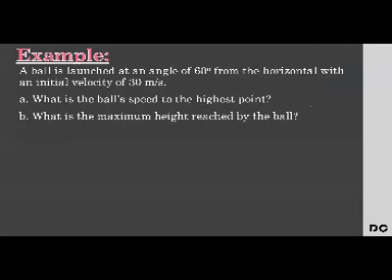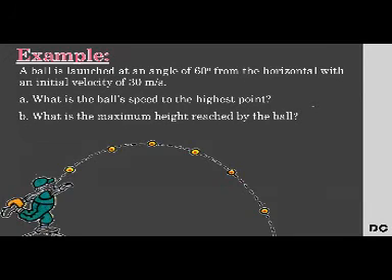To understand it better, we will illustrate the problem. If this is the person throwing a ball at an angle of 60 degrees, so the angle of inclination from the horizontal is equal to 60 degrees, and the initial velocity is equal to 30 meters per second.